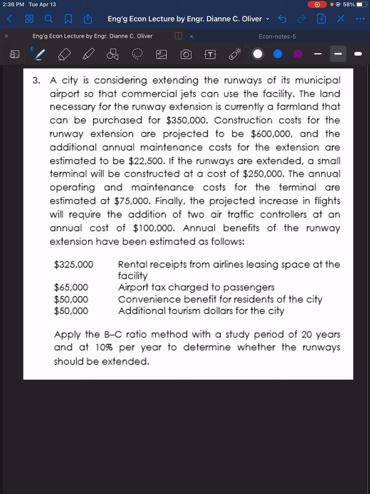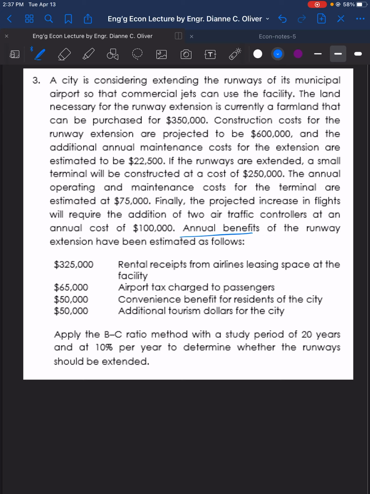$75,000. Finally, the projected increase in flights will require the addition of 2 air traffic controllers at an annual cost of $100,000. Annual benefits of the runway. So finally, we're here for the benefits. So annual benefits of the runway extension has been estimated as follows.